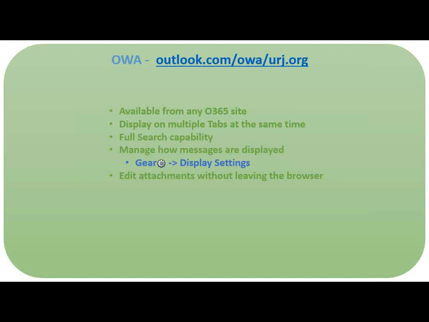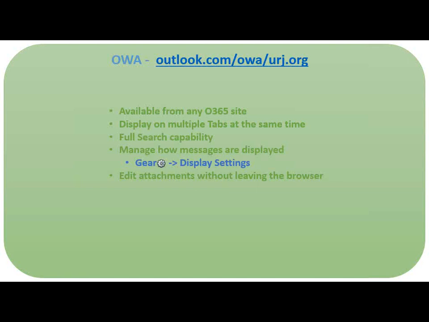It has full search capability through the entire Exchange store. That means calendar, email, and contacts are all available for search. You can manage the look and feel of the user interface, the user experience, by using the Microsoft gear and then choosing display settings, and again, I will show you how to do that.